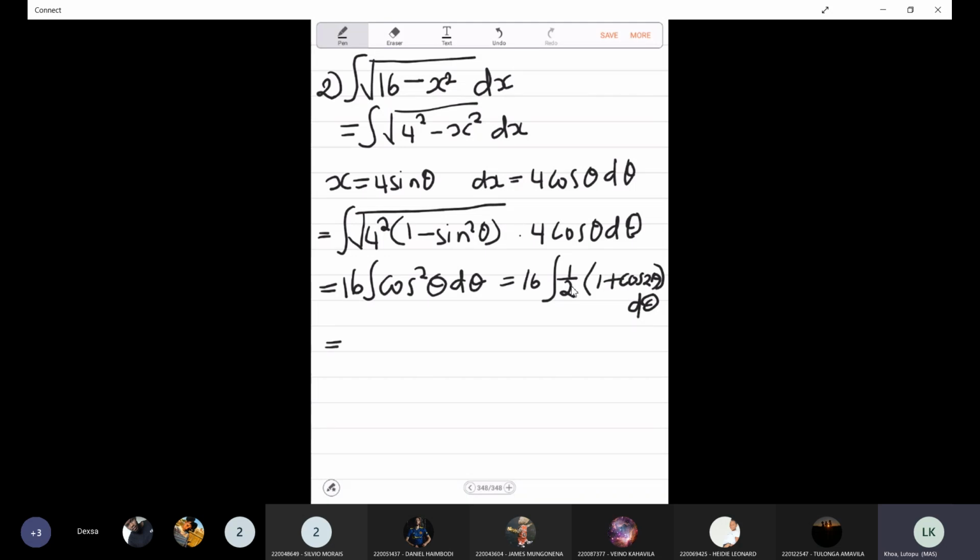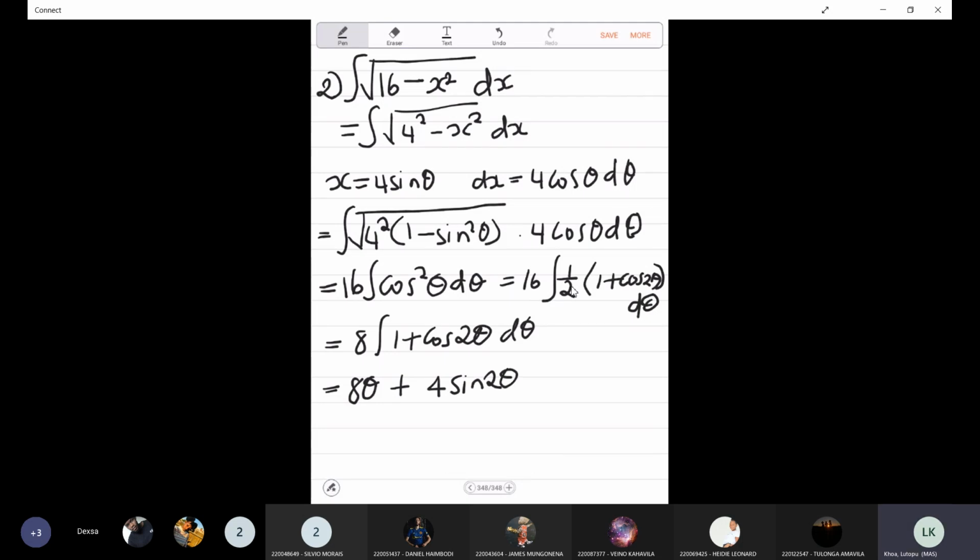So this is 8, the integral of 1 plus cos 2 theta d theta, which is 8 theta plus 8 times the integral of cos 2 theta. So I will have 8 sine 2 theta divided by 2, which is just 4 sine 2 theta.